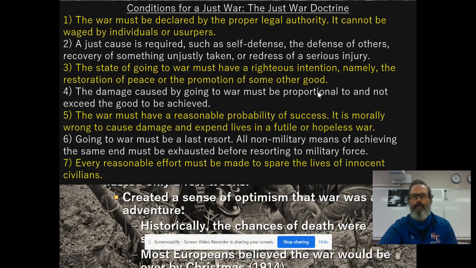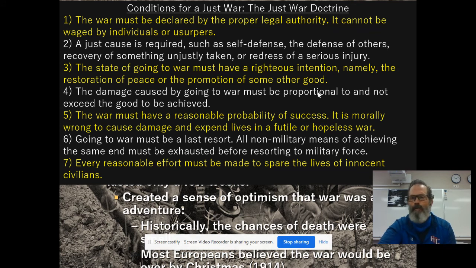I'll give you a couple minutes to just read over these and think about for yourself as you're reviewing them. Was World War One a just war based on the just war doctrine? Was it declared by a proper legal authority? Was it taken to right something that was unjust?